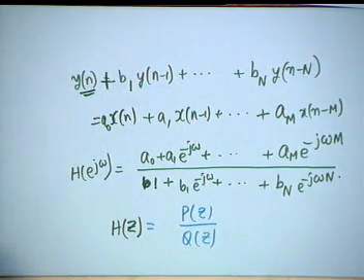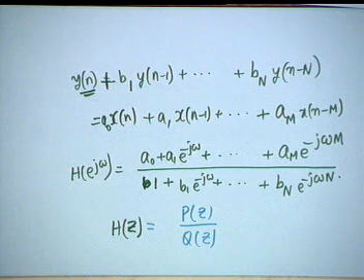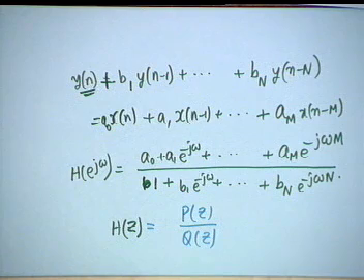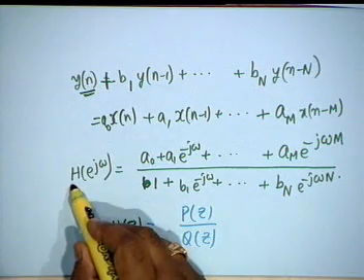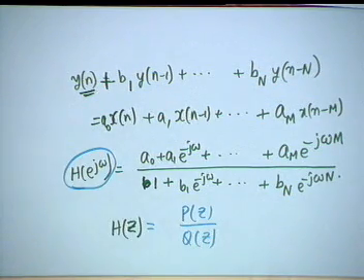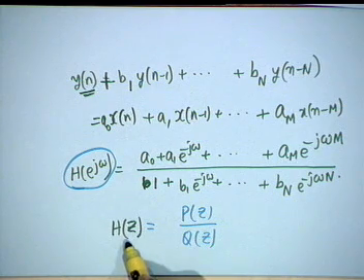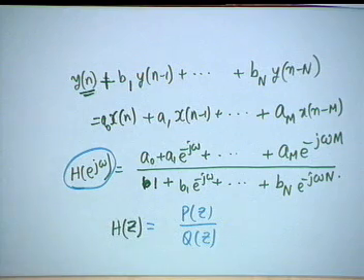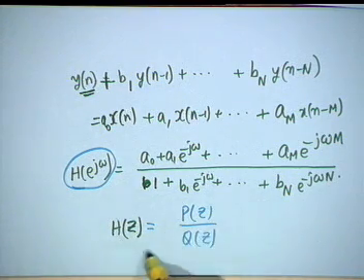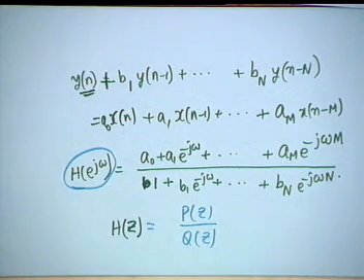It would in general be a rational function which is a ratio of polynomials in Z inverse. When we talk of H of e to the j omega, suppose we want to find out the frequency response of this, then Z will simply be put as e to the j omega, provided the ROC of this includes the unit circle. If not, then we cannot do it.